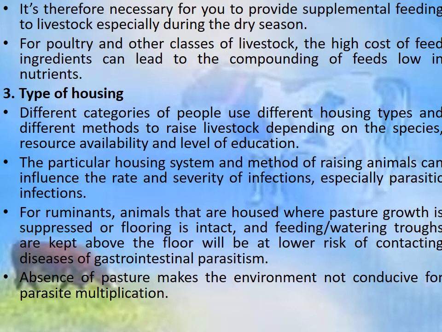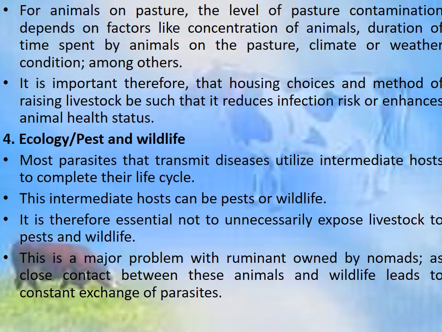In ruminants, for instance, animals that are kept where pasture is suppressed usually have low risk of contracting gastrointestinal parasitism. In other words, absence of pasture makes the environment not conducive for parasite multiplication.